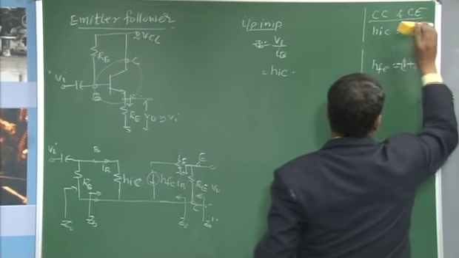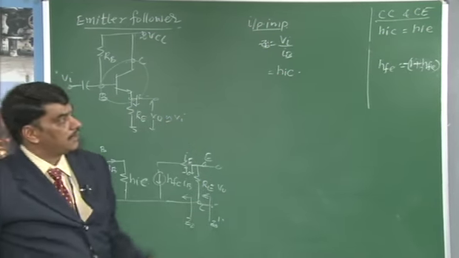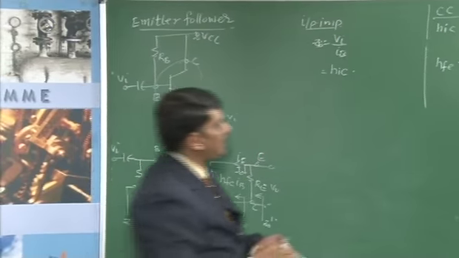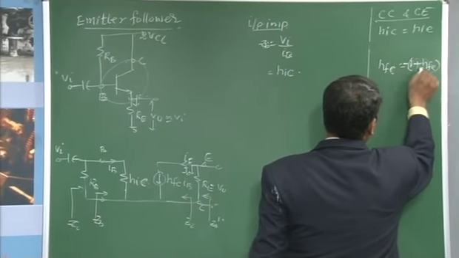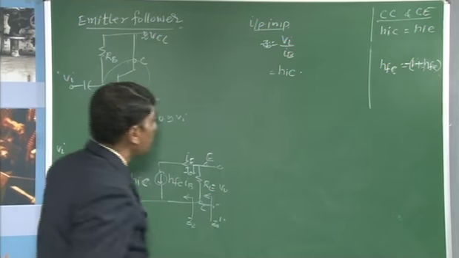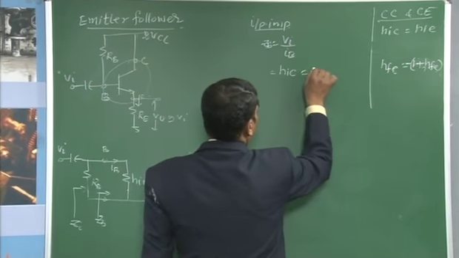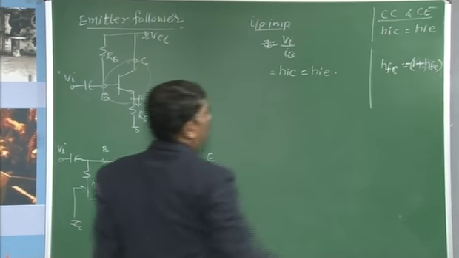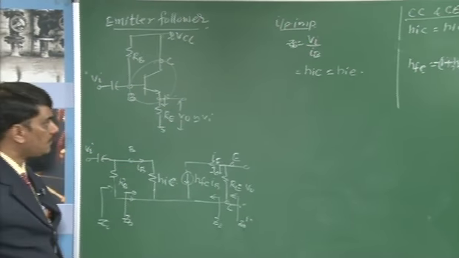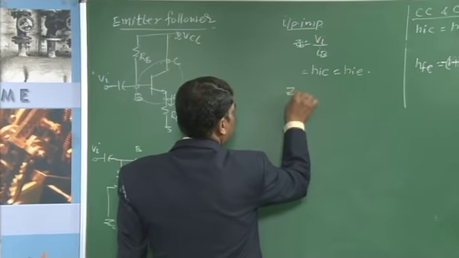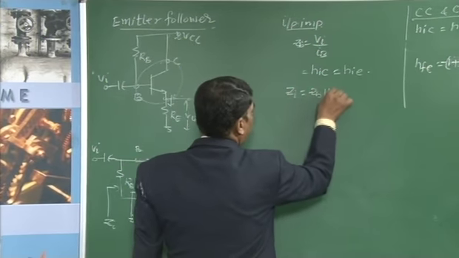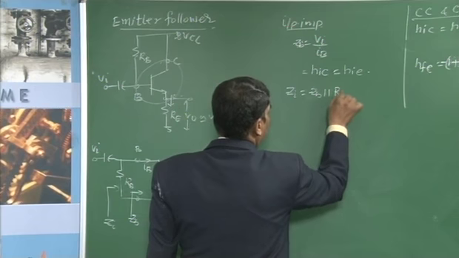We know that hic is equal to hie and hfc is equal to minus of 1 plus hfe. From this circuit analysis, even if you use a common emitter amplifier, ZB is equal to hie only, and ZI is equal to ZB in parallel with RB.